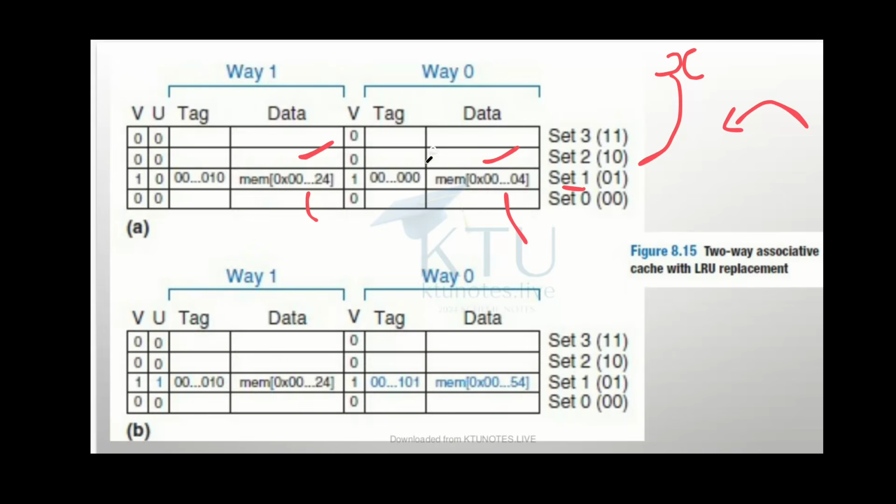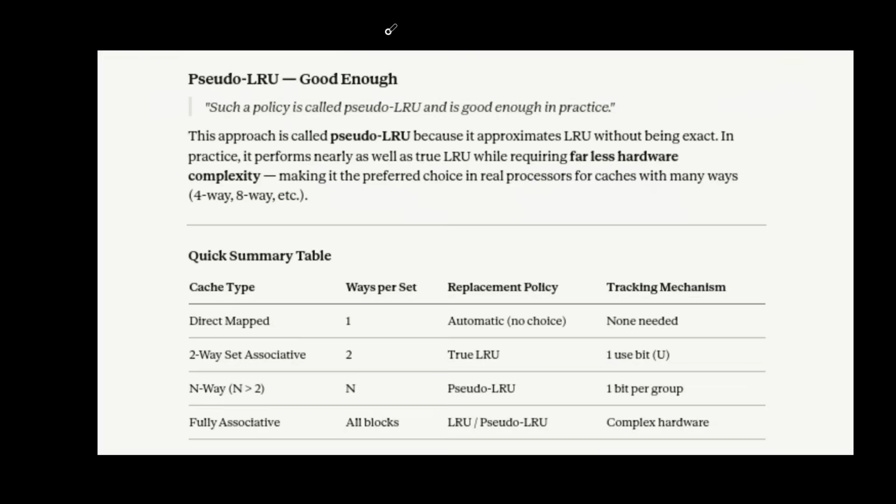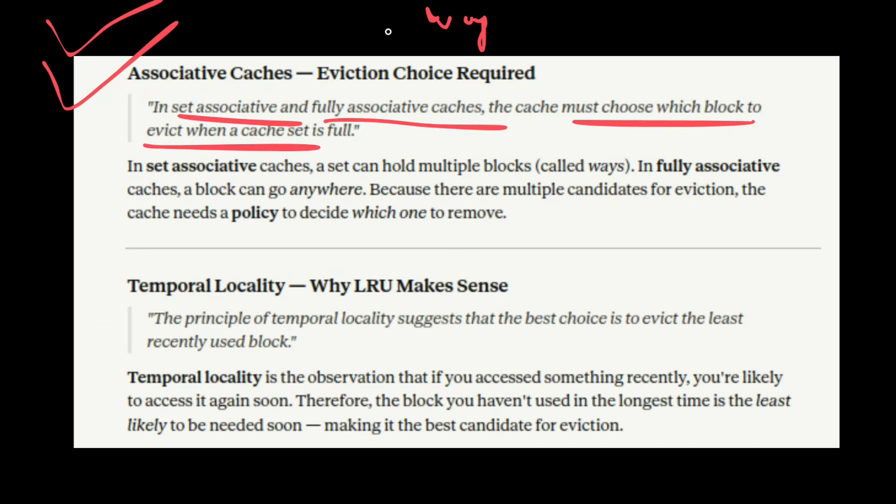In that case there is a choice. In direct mapped there is no choice, right? But here you can see there are two choices where we will remove. So we will use a replacement policy to decide whether you remove from way 0 or from way 1. In this case the policy will decide which one you have to remove.